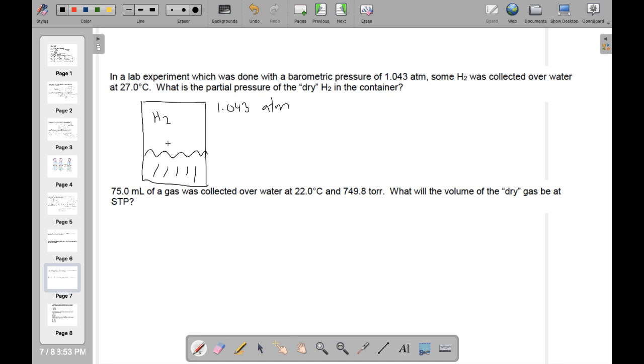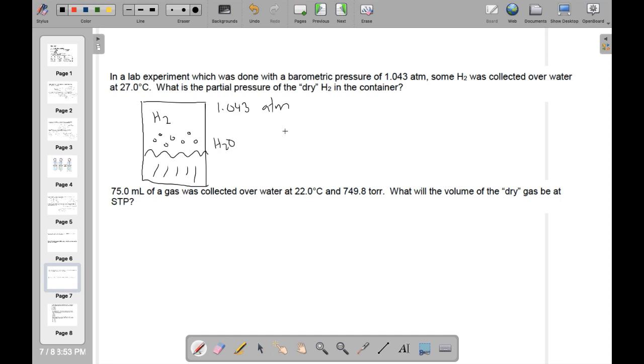Well, remember that in a closed container, some of this water has enough kinetic energy to break free of its intermolecular bonds, and now it's basically gas. This is vapor pressure. So essentially we have hydrogen and H2O gas in here.